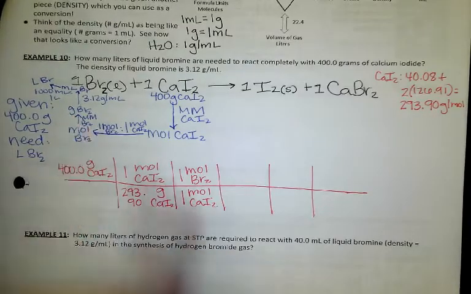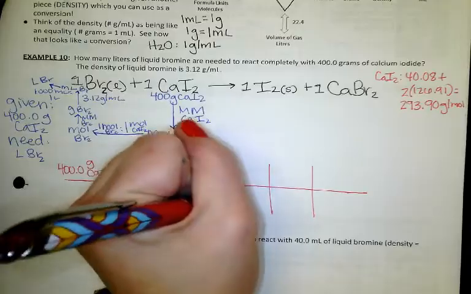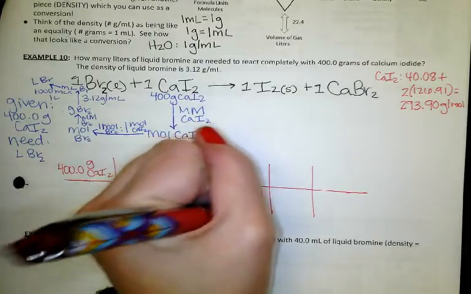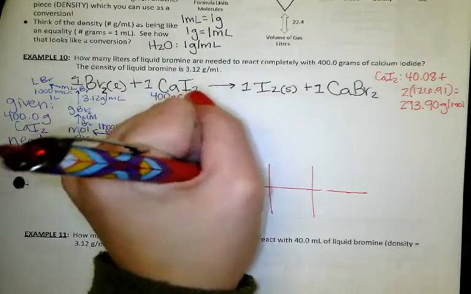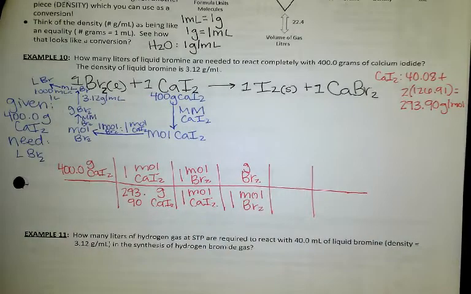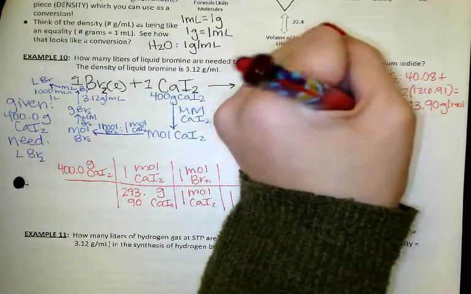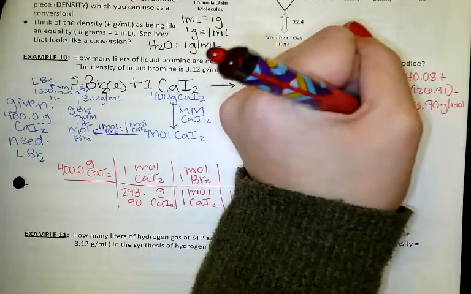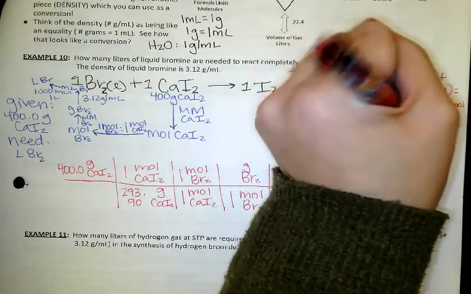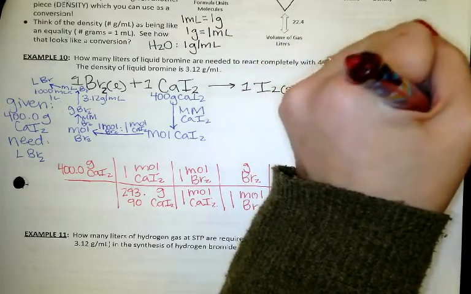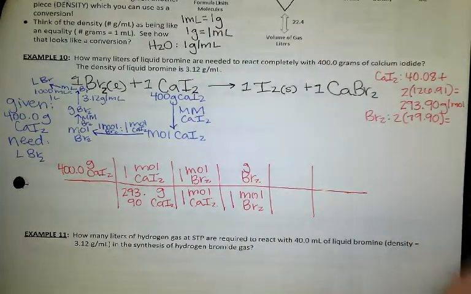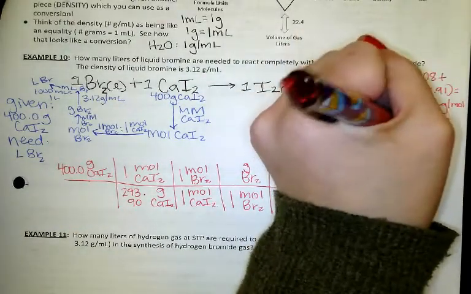So 1 mole of Br2. Grams of Br2 is going to go on top, and so we've got to calculate that. Br2 is going to be 2 times 79.90. So 79.90 times 2. It's going to give me 159.80 grams per mole.